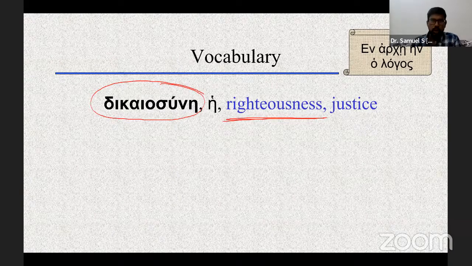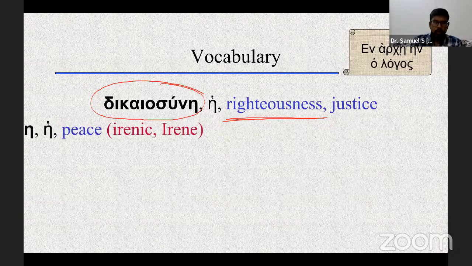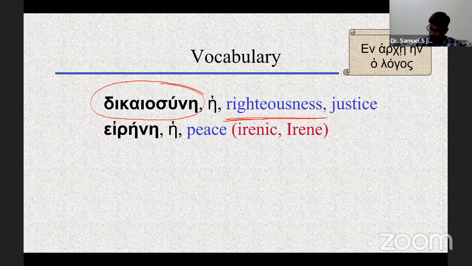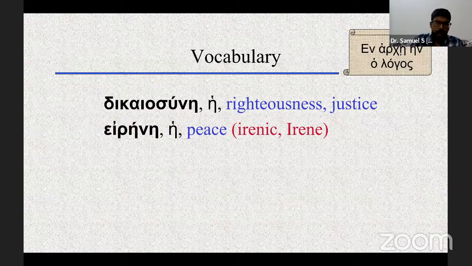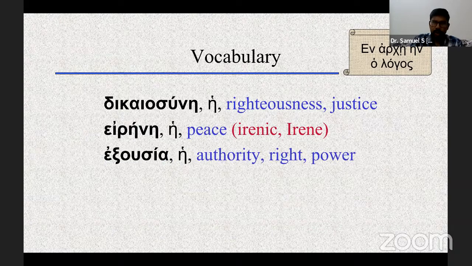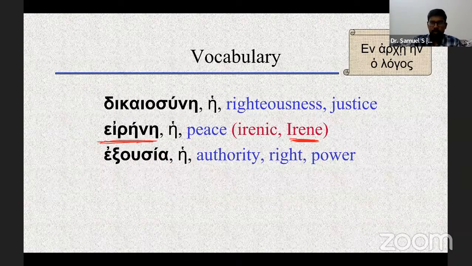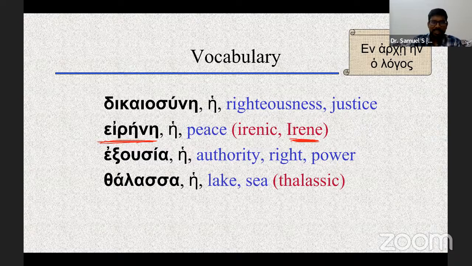Numerous papers and books have been written about this. Irene, peace. People name their daughters Irene, right? Means peaceful. Most children who are named Irene are highly unpeaceful. That's another thing.